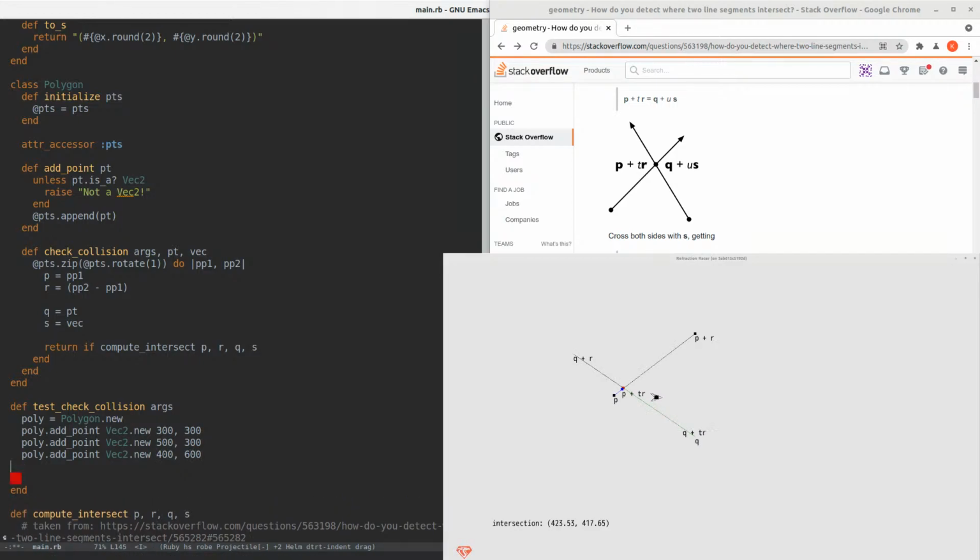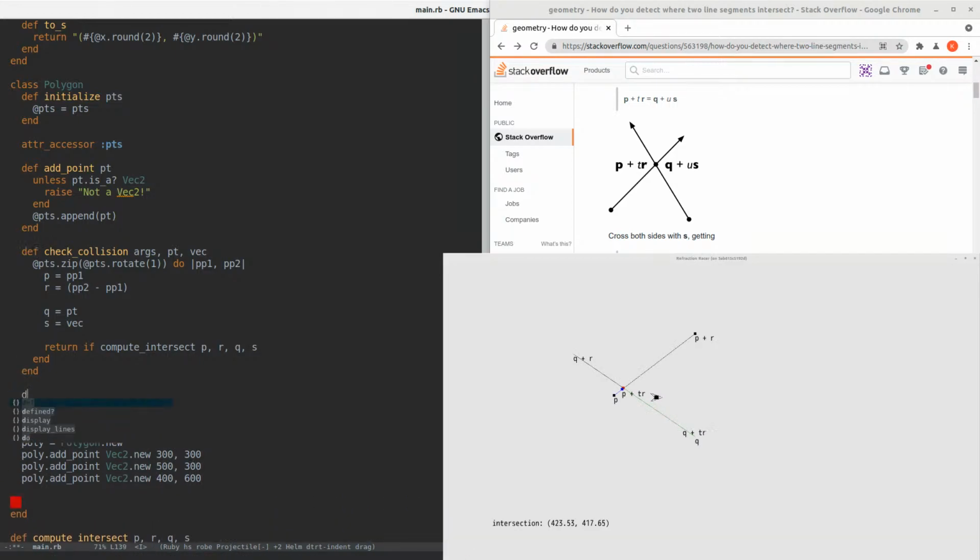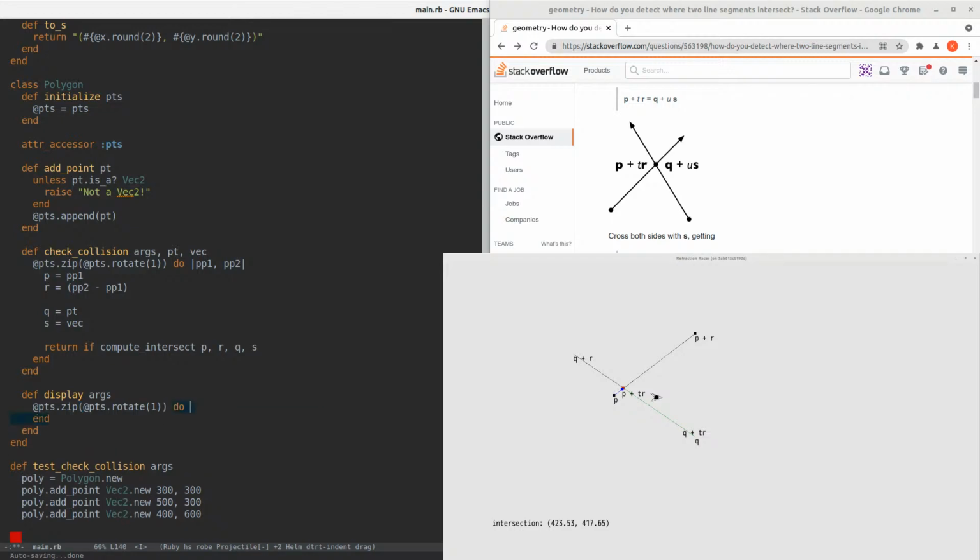And then we will also add a little display. Display args. And we'll do the same thing here, where we'll rotate 1, do polygon point. We can just call those P1, P2, but that's okay.